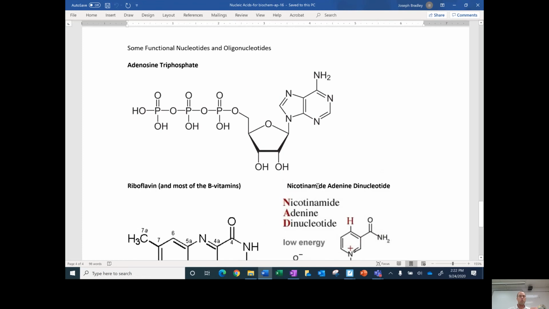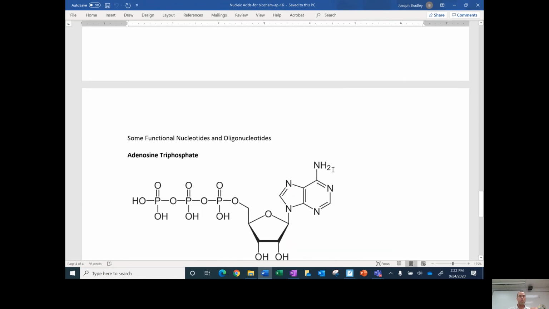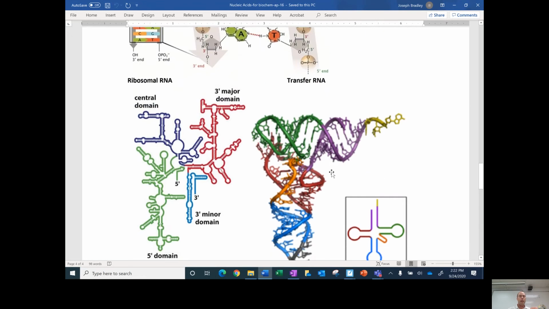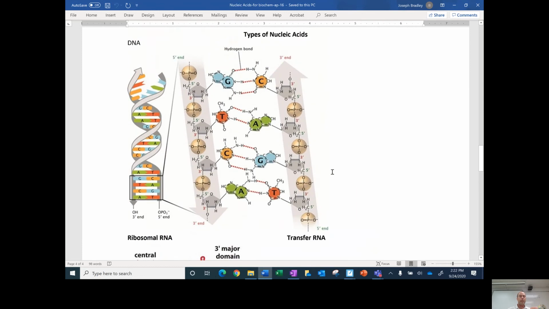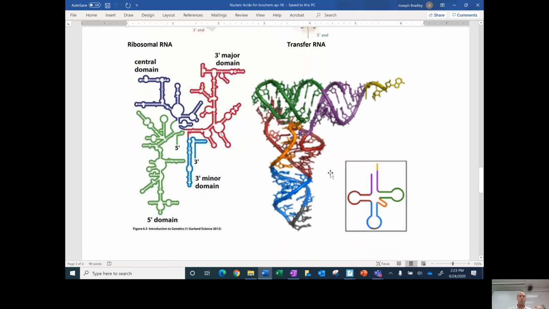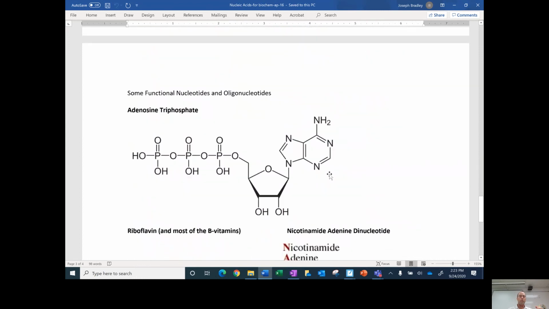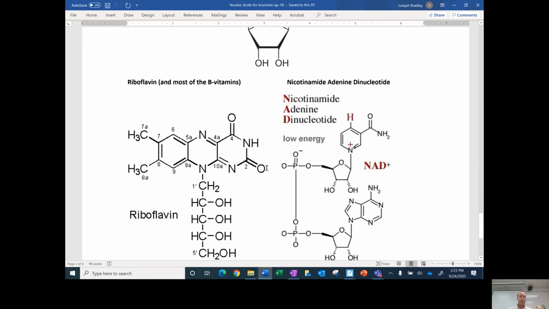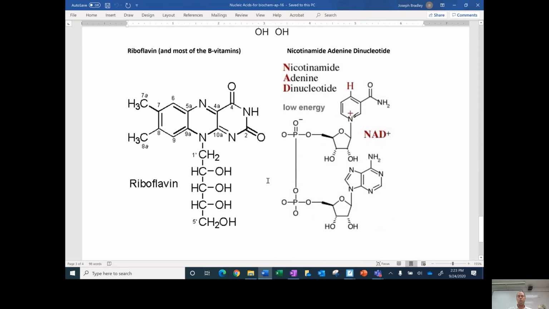But obviously we know about ATP, and we know about RNA and DNA in terms of their function in protein synthesis and the maintenance of the genetic code. That's usually what we're going to be focused mostly on, but we certainly will be talking about ATP and NAD and riboflavin when we get to photosynthesis and respiration.